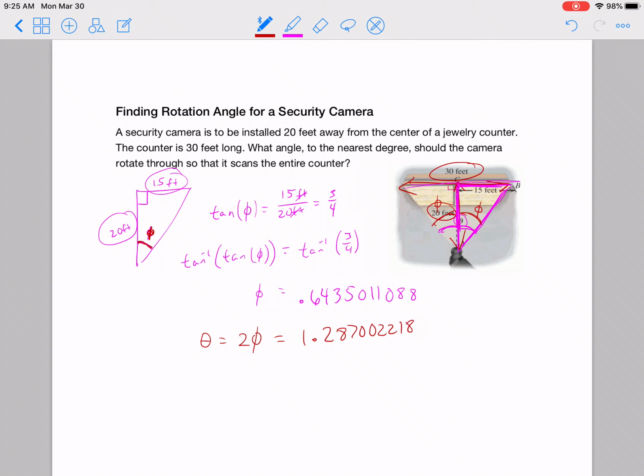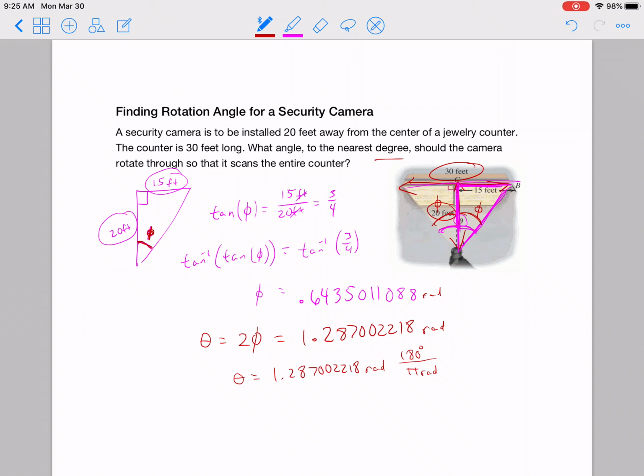1.287002218. Now we're at the end, and we're supposed to round to the nearest degree, but this is in radians, and I need to convert it to degrees. So keep that 1.287002218 stored in your calculator. To convert radians to degrees, I multiply by 180 degrees in the numerator and pi radians in the denominator.